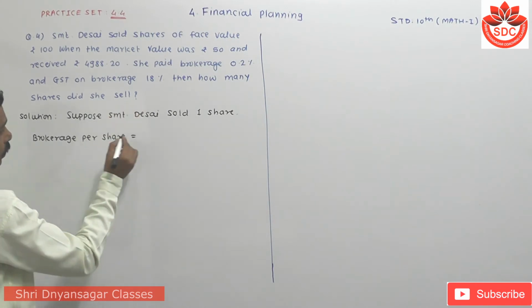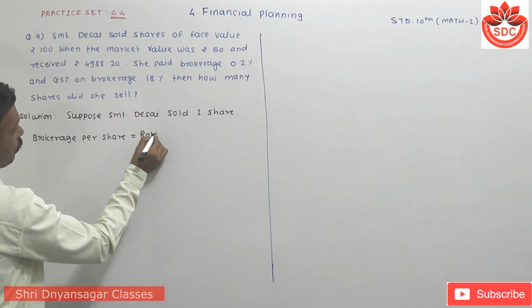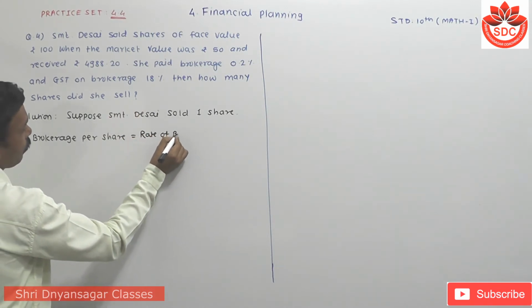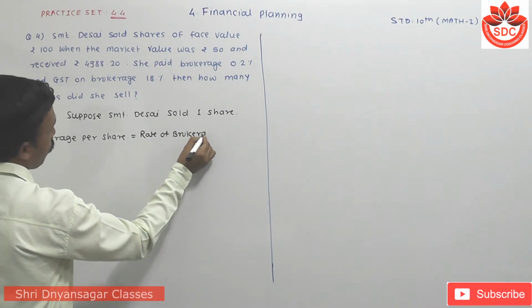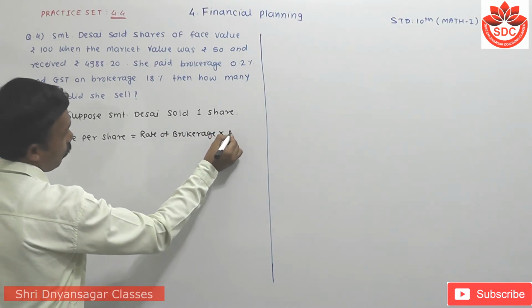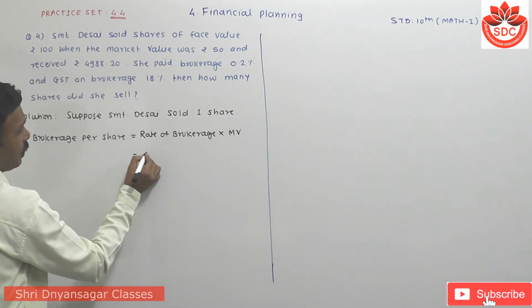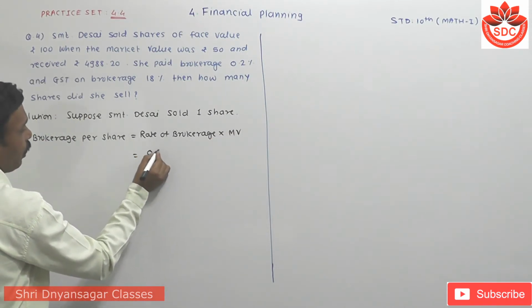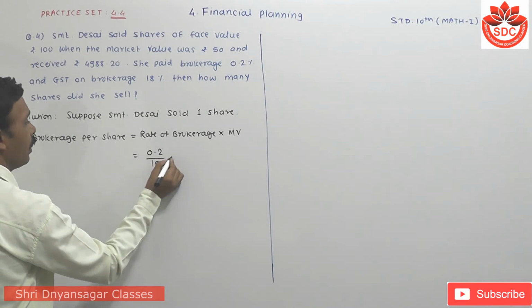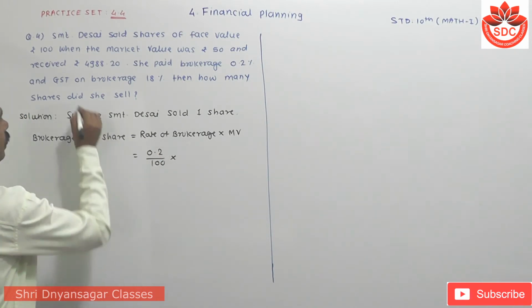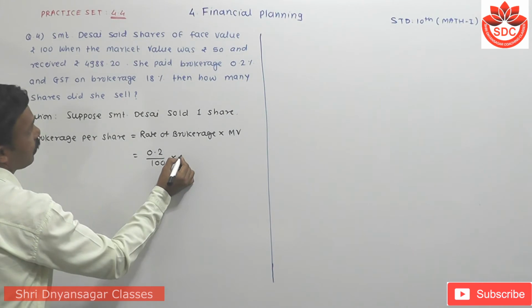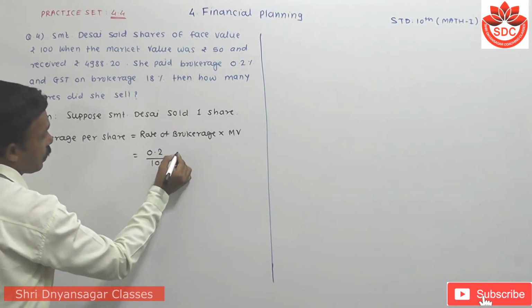Rate of brokerage is given, into market value. Rate of brokerage is 0.2%, that means 0.2 upon 100 into market value. Market value is 50 rupees.